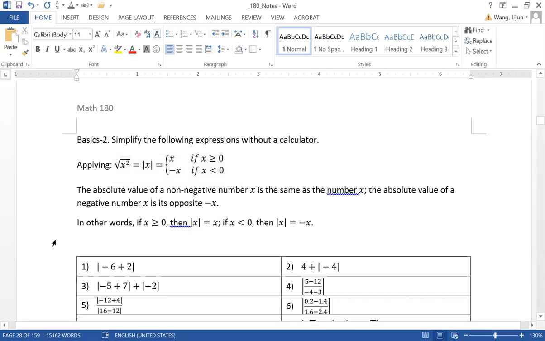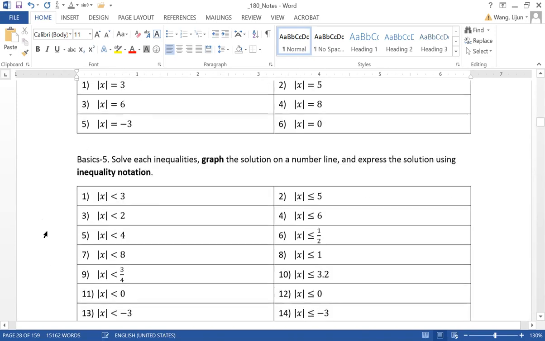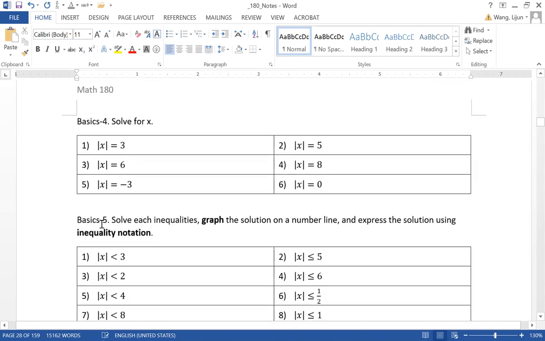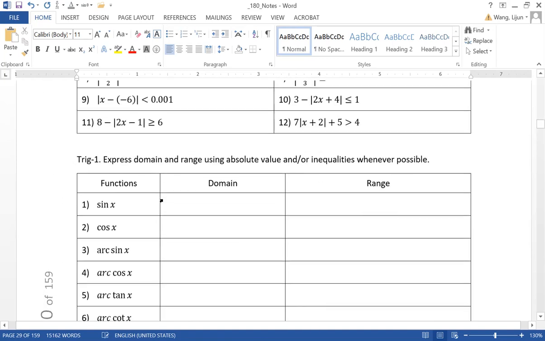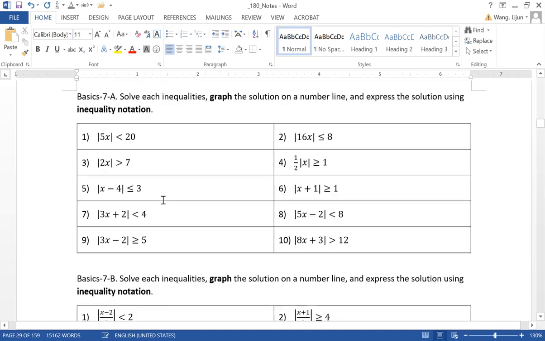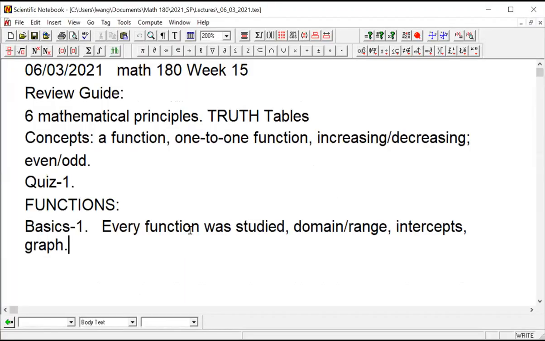So going further, the first set, basic 4 through basic 7A. Now we can study by blocks.